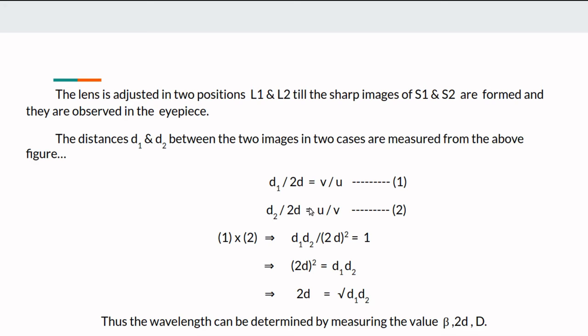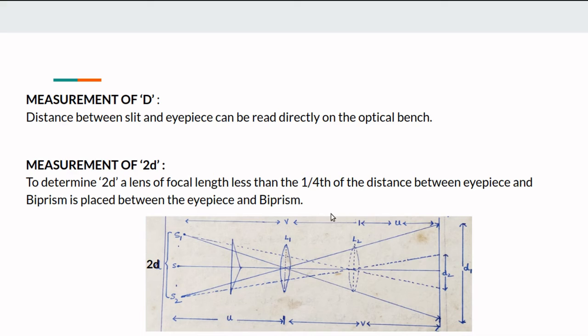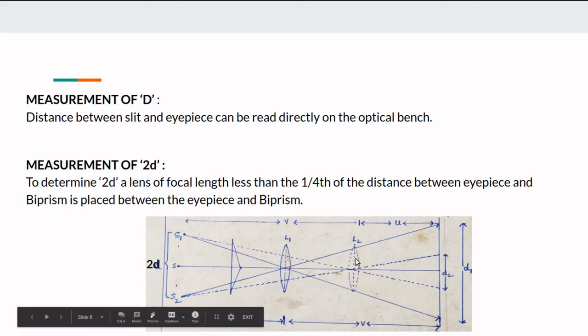Now the lens is adjusted to another position, then we get sharp, small images, diminished images. This is the second position. This case is observed when U and V are interchanged.